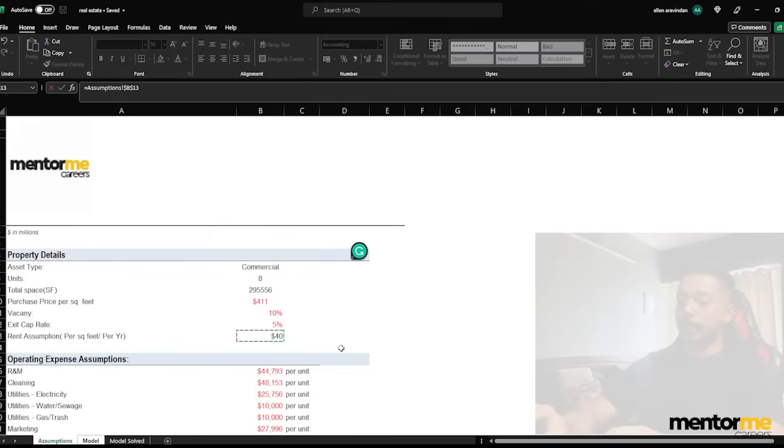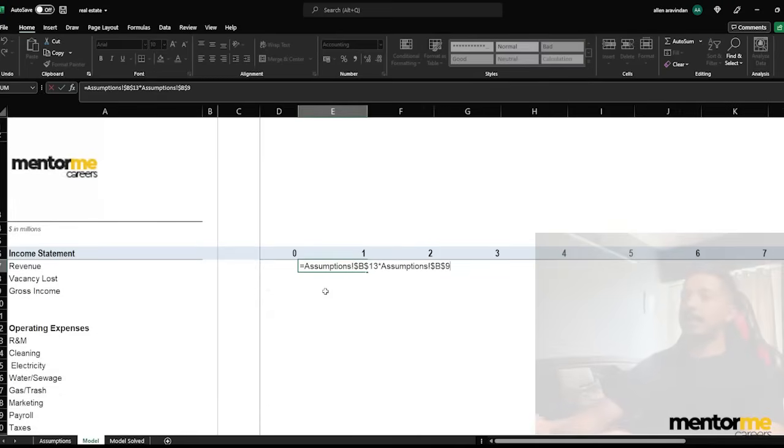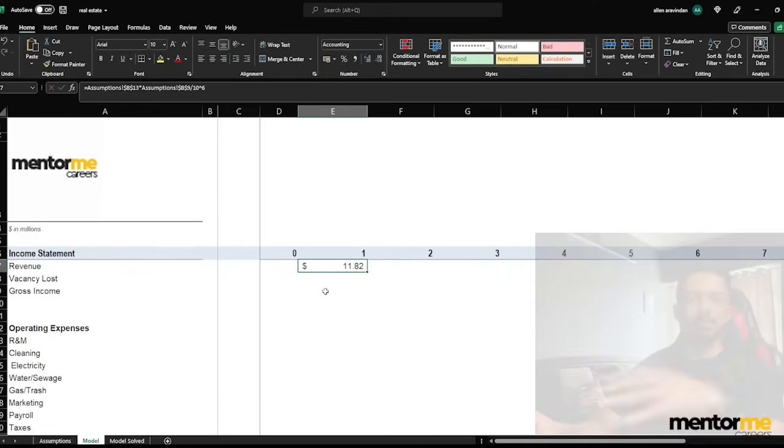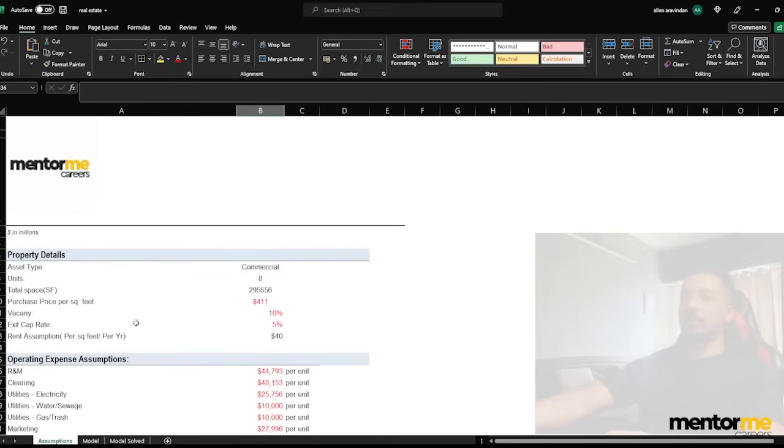You want to put a dollar sign to that, multiply it with whatever space we have, which is 2,95,556, right? If I multiply that, I tend to get, but I want to convert this into millions so that the numbers don't sound very high, right? So what we've done here is we've just multiplied the total space that we have with the rent per year.